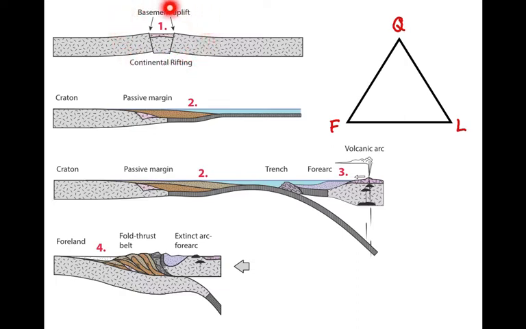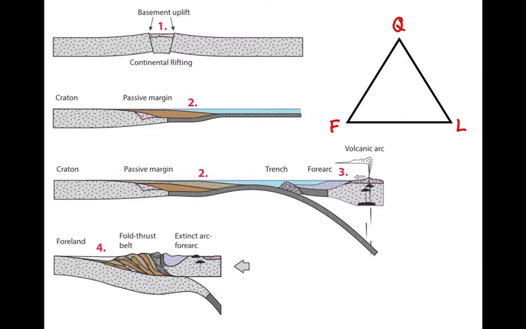In the first case, we are uplifting crystalline basement of the continental crust. That's going to consist of rocks like granite and maybe gneiss that are coarsely crystalline, and when you weather and erode those into sand, you're going to be producing large crystals, crystals larger than a grain of sand, of quartz and feldspar.